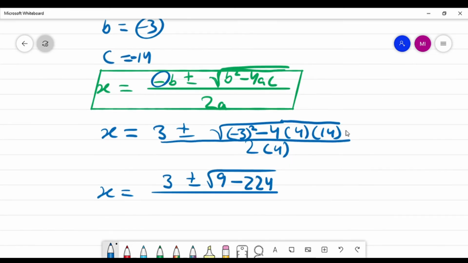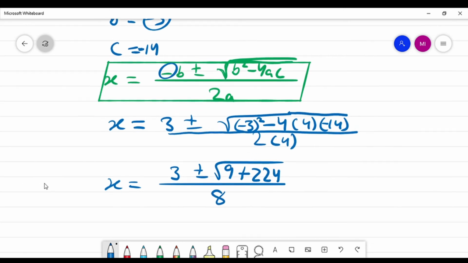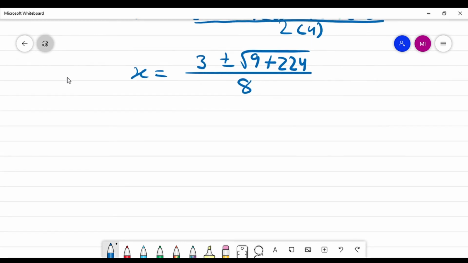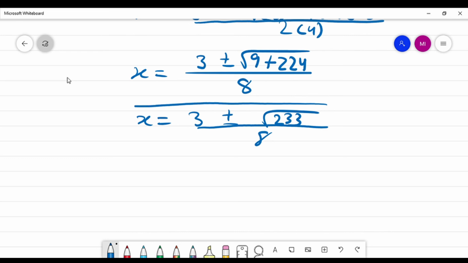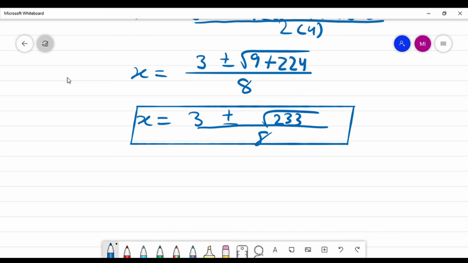And so this is going to be negative, and this is going to be positive. Divided by 8. So x is equal to 3 plus minus under root of 233 divided by 8. Yeah, that's part 4. Now for part 5.